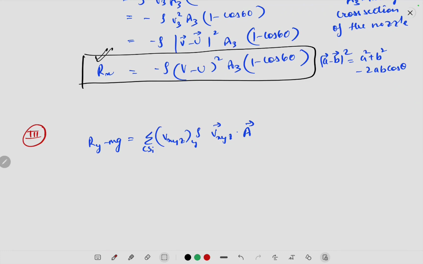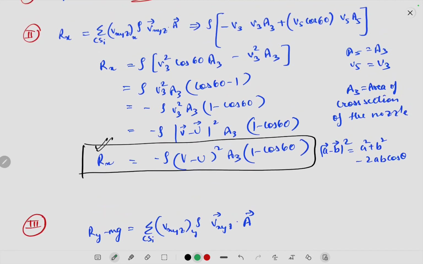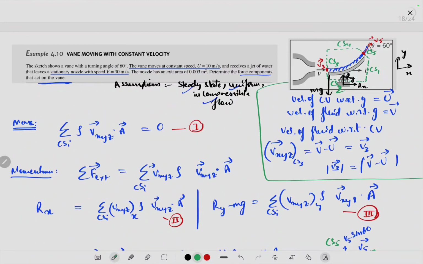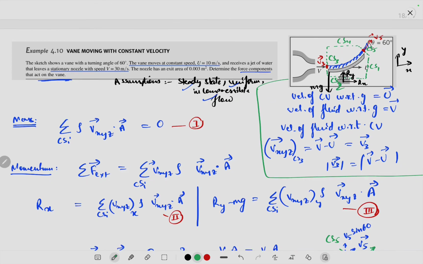So this term will be contributed only by the surfaces which have velocity vectors along the y axis. What are the surfaces that have velocities along the y axis? It's only CS5, right? The velocity times sine 60 is the velocity vector along the y-axis for CS5.